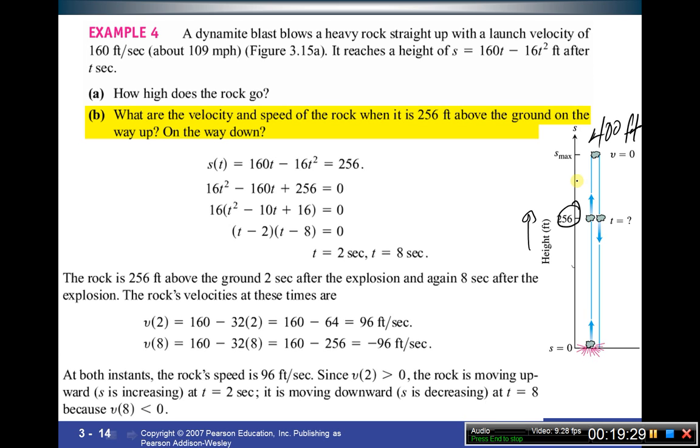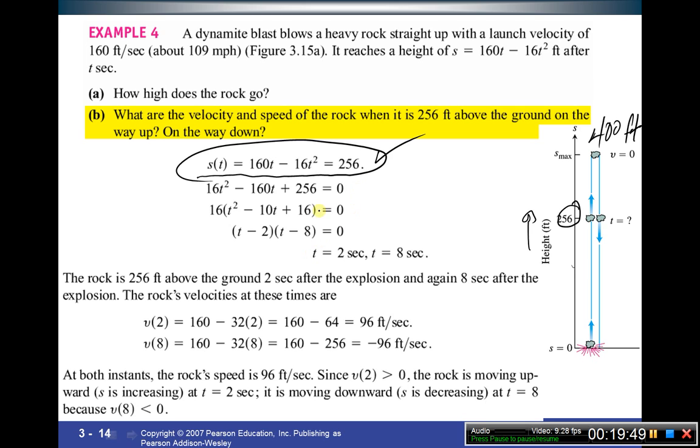So we have to set the position equal to 256 feet and solve for t to find out the times when the rock is exactly 256 feet high.